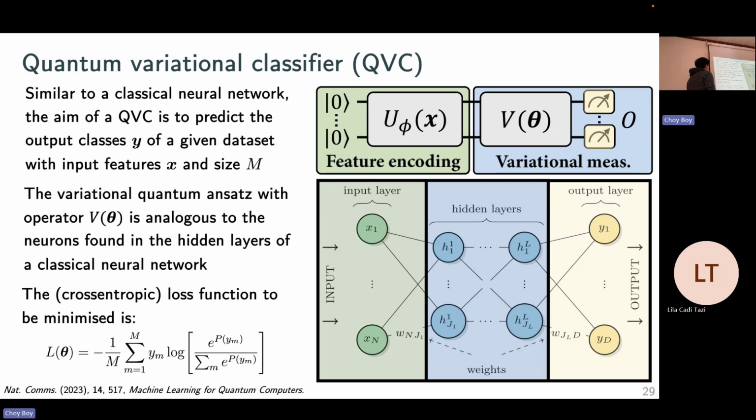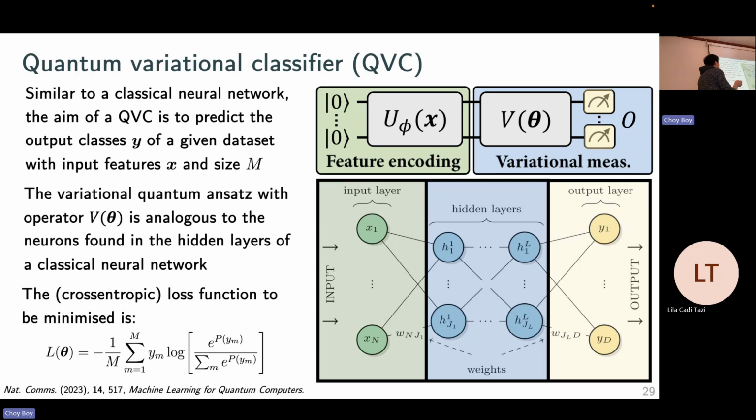And the aim is to predict what is the class of that given vector xn, for example. And we do this by means of a variational ansatz with this operator here. So it's analogous to the hidden layers in a classical neural network. After that, we want to find the class of that particular point that we have.